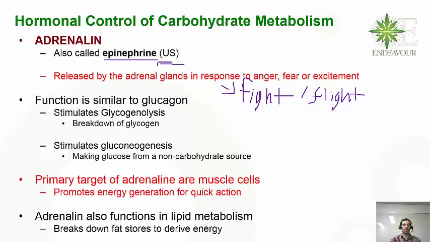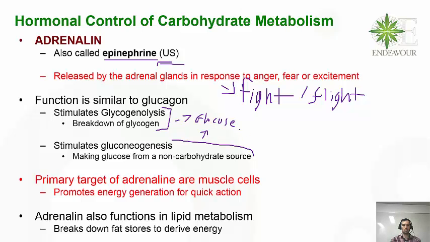Adrenaline actually has similar functions to glucagon, as it's able to break down the glycogen to release our glucose. And we're also going to be making glucose from gluconeogenesis. So both of these processes mean we're making glucose.